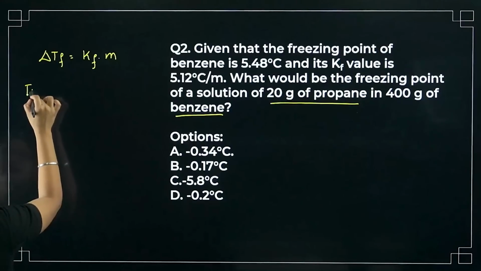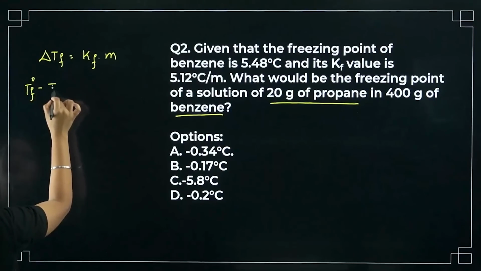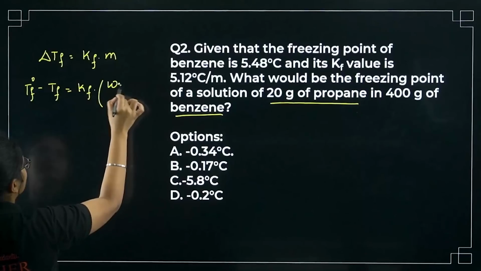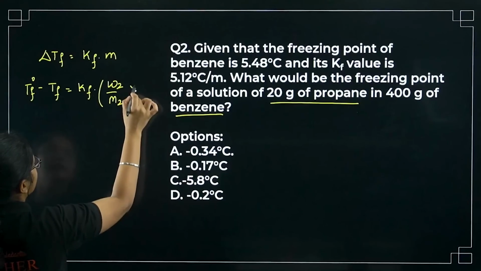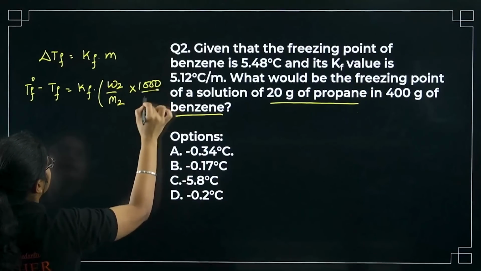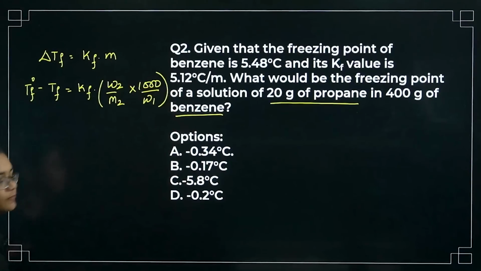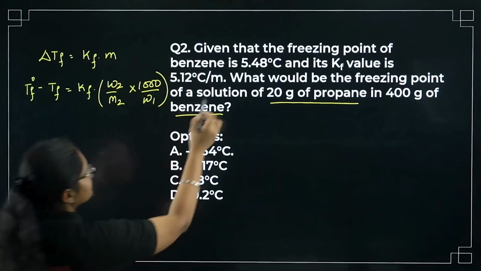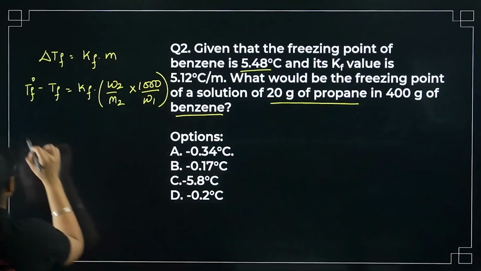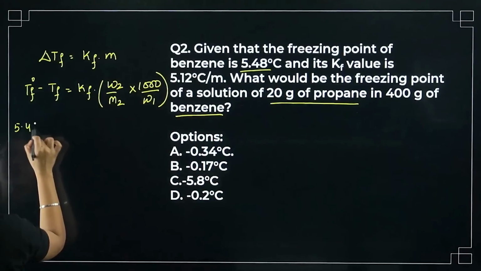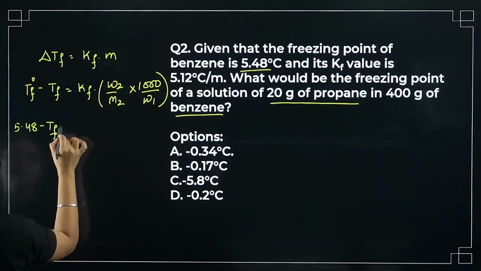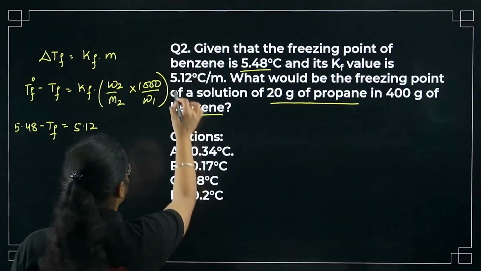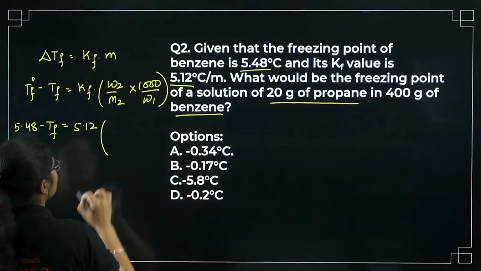Now let me expand the formula. So I have T naught f minus Tf is equal to Kf into molality, W2 by M2 into 1000 by W1. Now if I write down here, T naught f is given to me, for benzene it is 5.48. So 5.48 minus Tf is equal to Kf, that is 5.12, into molality.